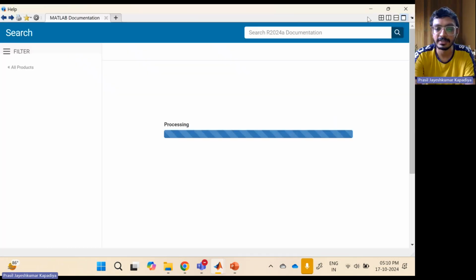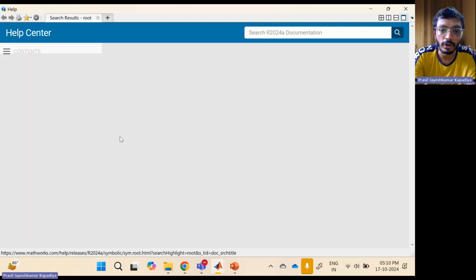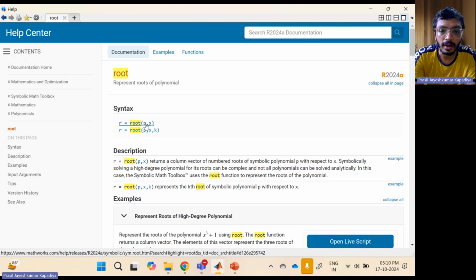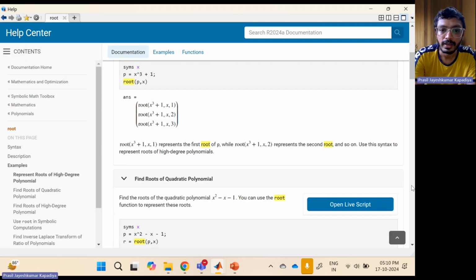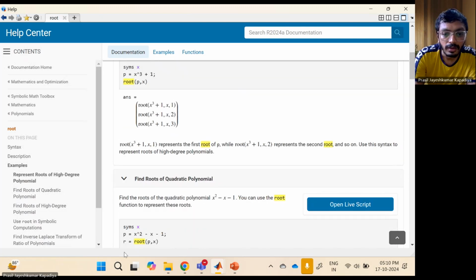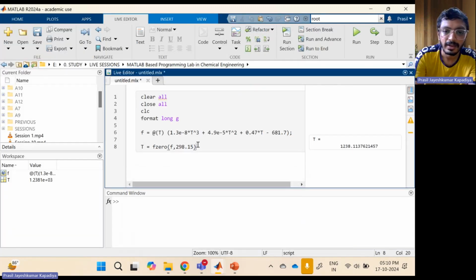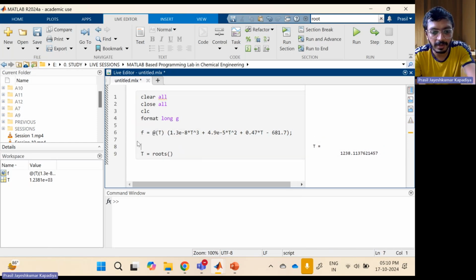Let's just revise it very quickly. Roots represents the roots of only a polynomial, so it is roots of p. I can write T is equal to roots of, let's say I'm first defining one matrix A, the coefficient matrix.